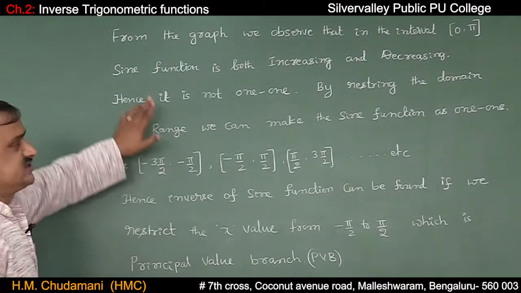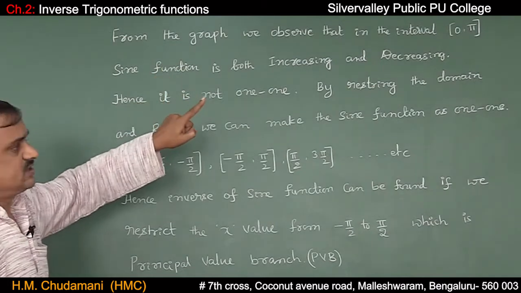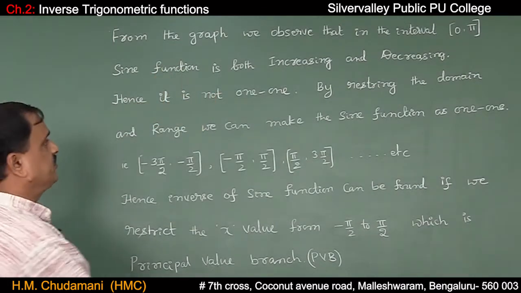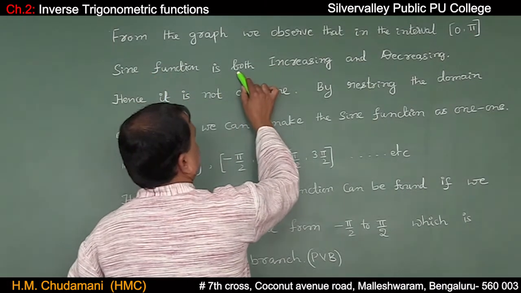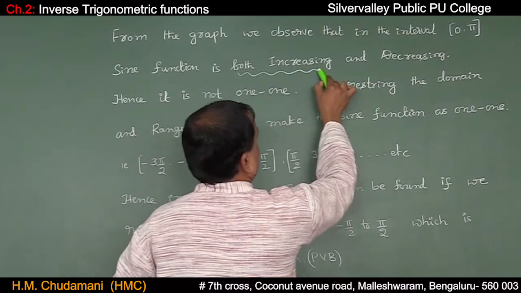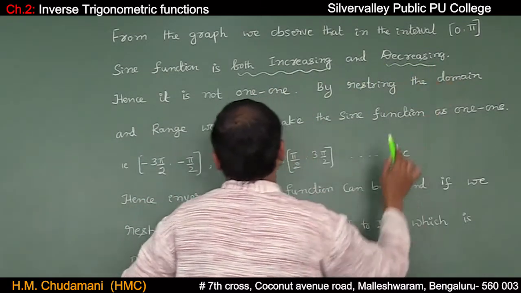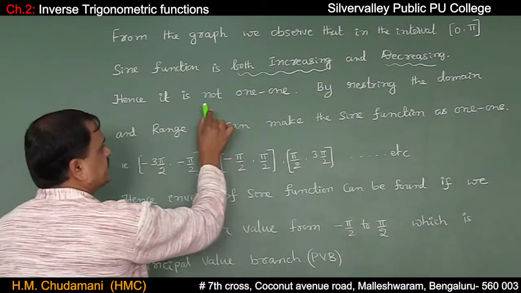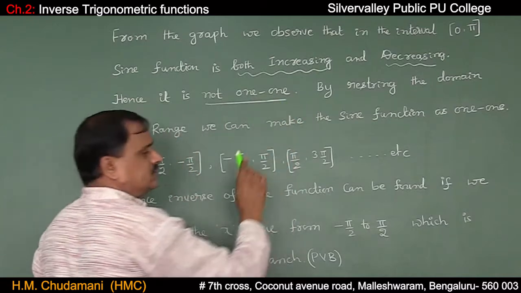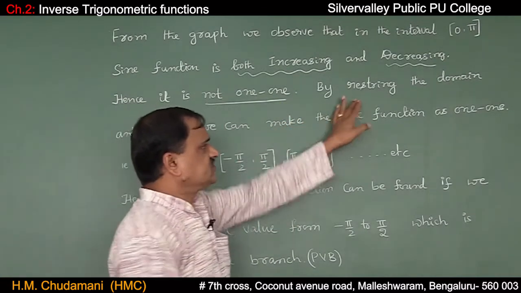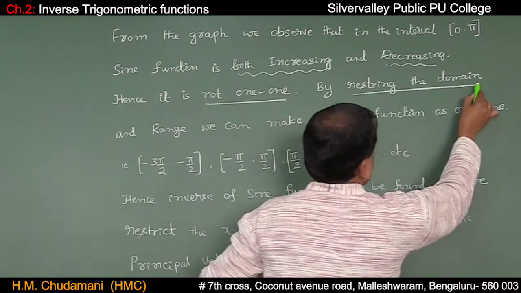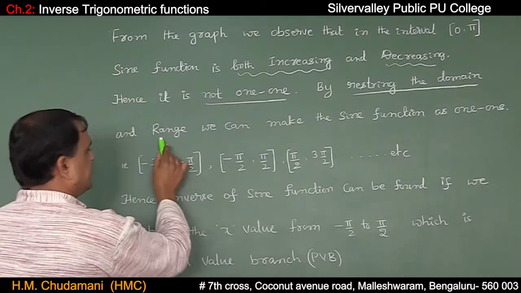Just now I have explained, from the graph we observe in the interval 0 to pi, the sine function is both increasing and decreasing, hence it is not one-one. So we restrict the domain and range.